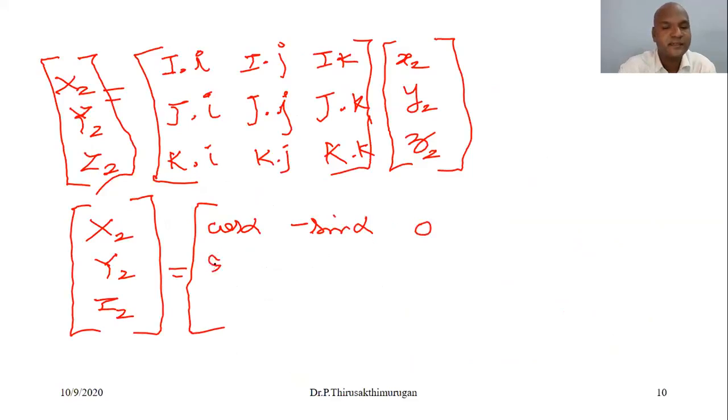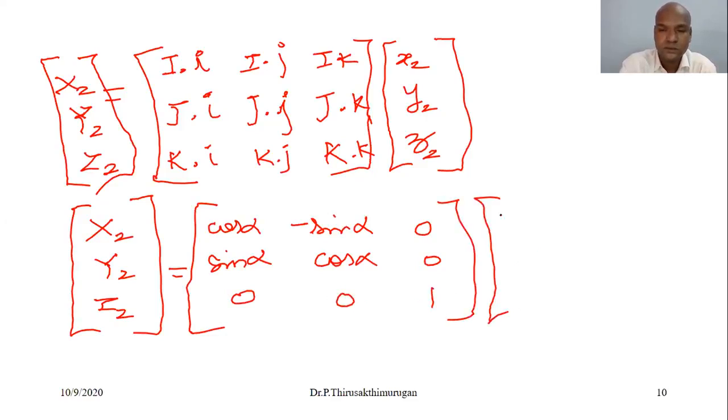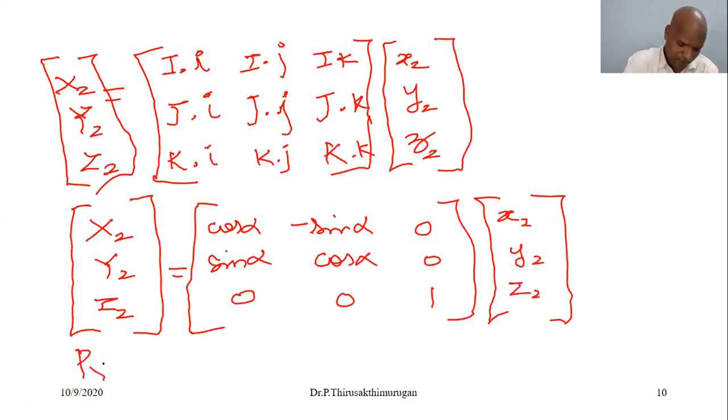J dot I sin alpha, J dot j cos alpha, J dot k 0. K dot I 0, K dot j 0, K dot k 1, times small x2, small y2, small z2. So here this is nothing but P capital X Y Z.